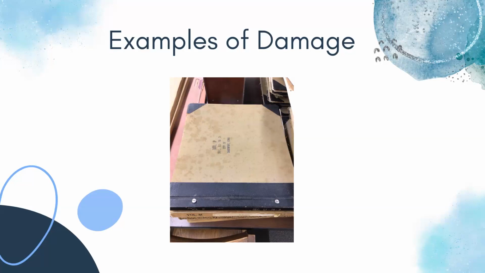But you can also use baking soda to help absorb those smells. You can also use, if you're trying to dehumidify a space, the capsules and crystals that can absorb water, you can use those as well. Not necessarily on the materials, but in the spaces that you're trying to dry up.